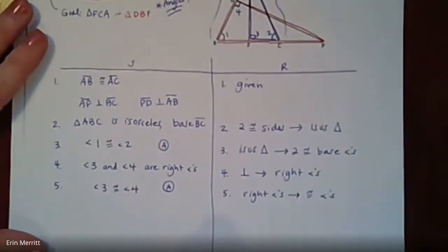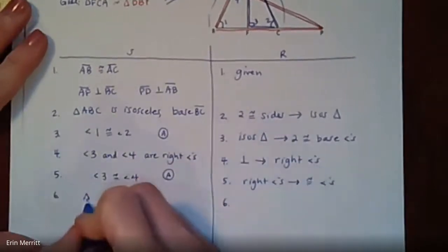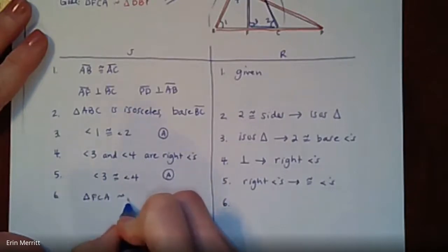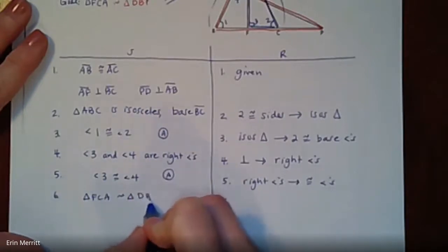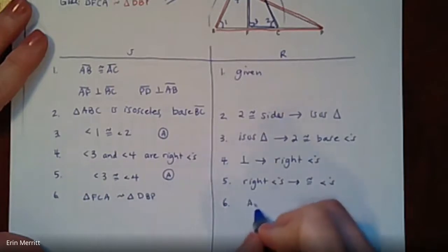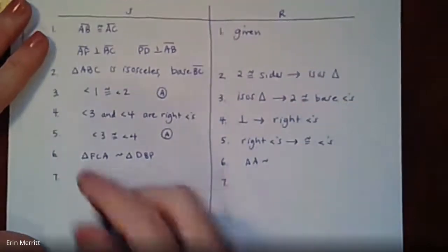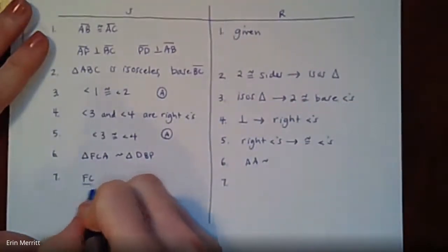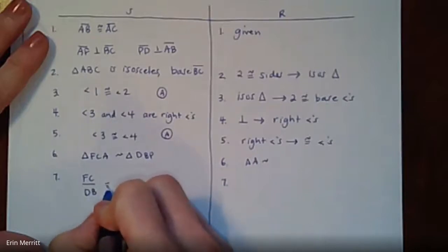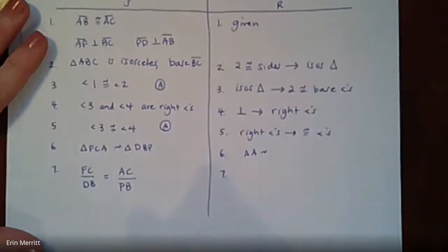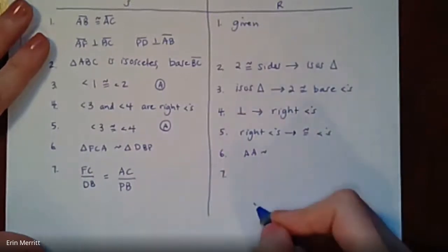That's enough to get us to our goal step. So step 6 is going to be to say that triangle FCA is similar to triangle DBP, and that's by angle similarity. And then the newest step, we want to finish with our proof step. FC is to DB as AC is to PB. And then over here, practice this.